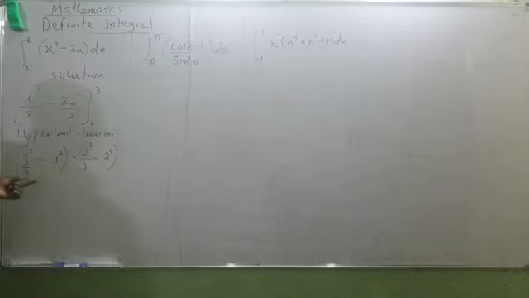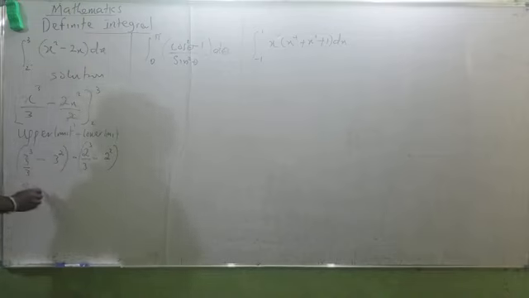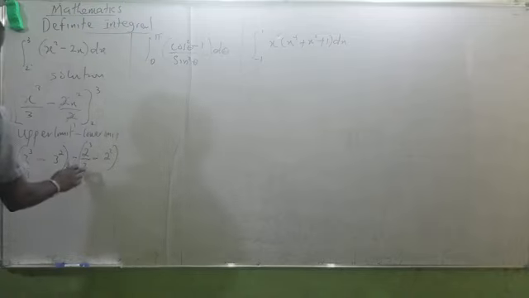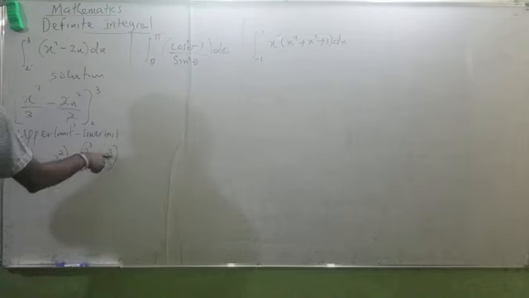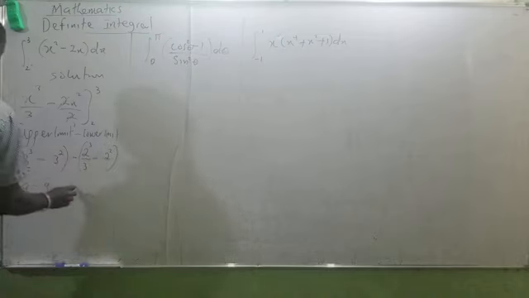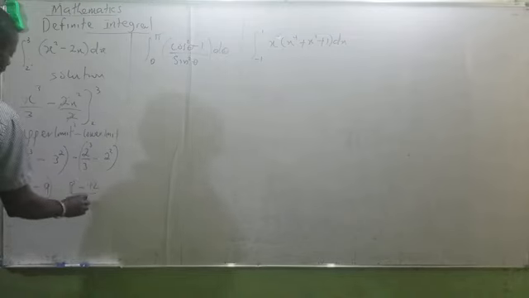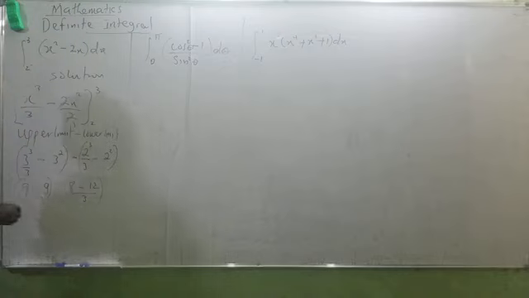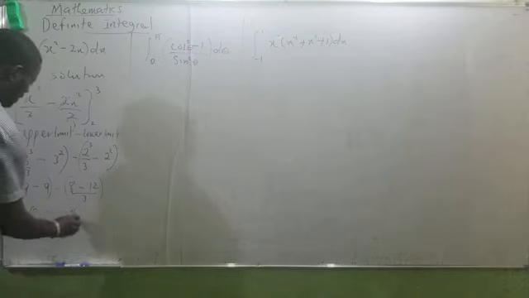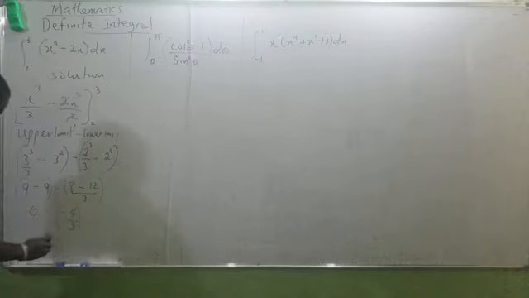Can you see upper and lower? That is 9 minus 9, which is 0, and then 8 minus 12 divided by 3, which is 0 minus 4 all over 3. My answer will be 4 all over 3.